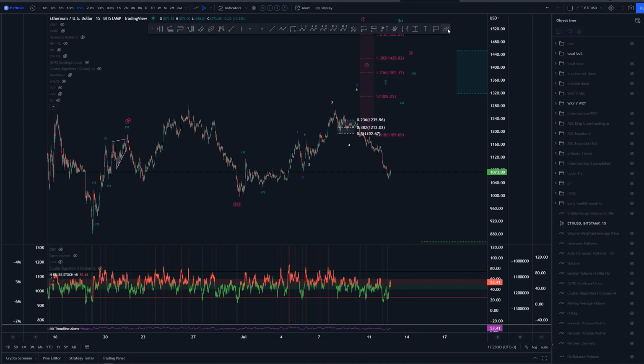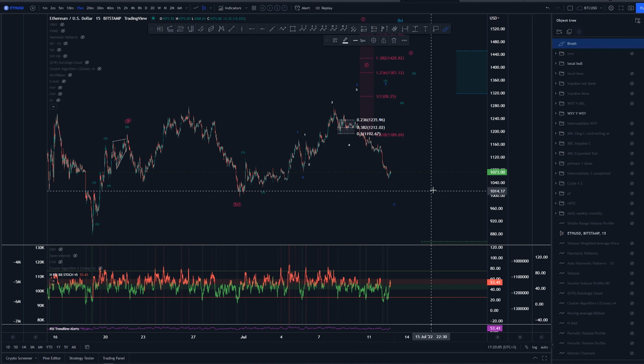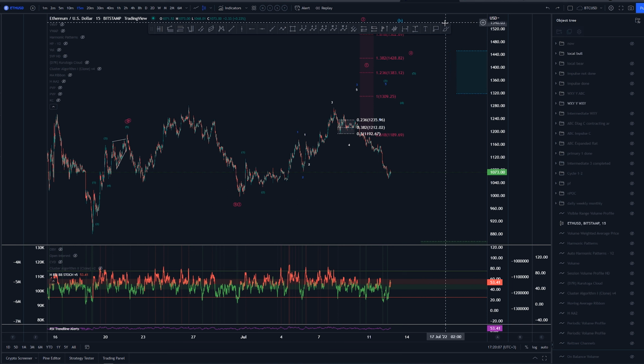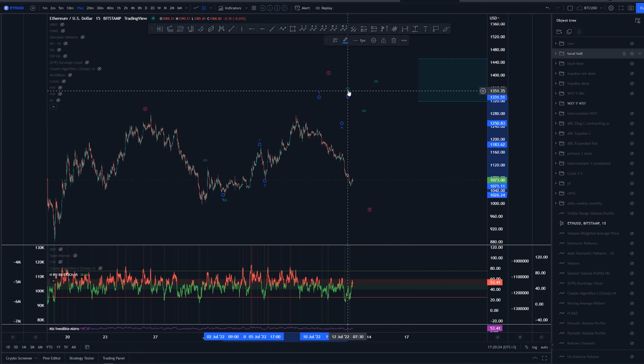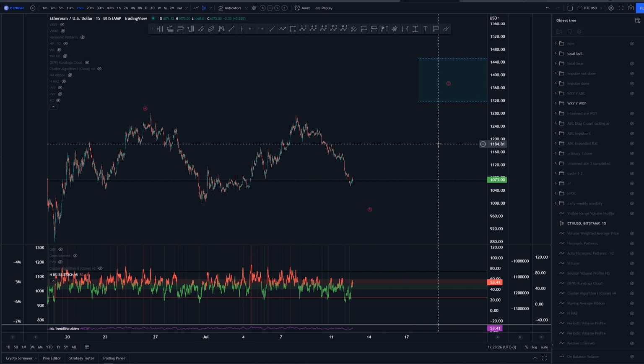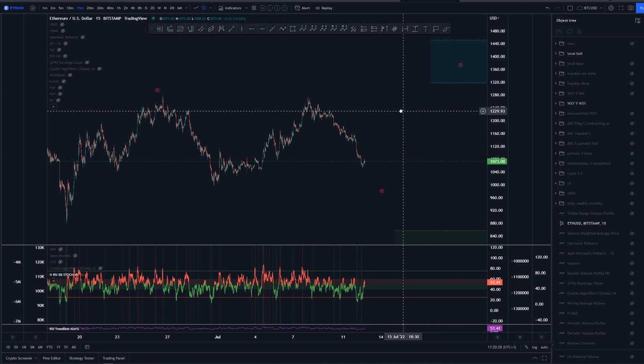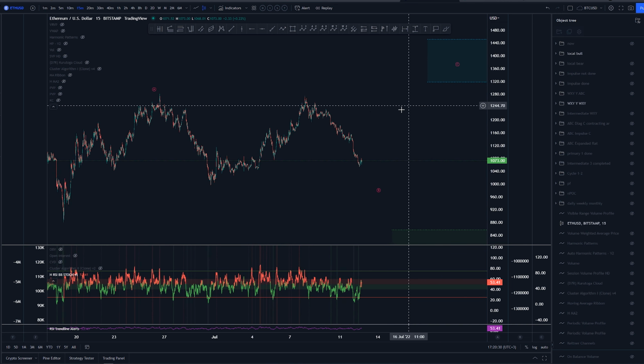If we want to have some kind of bullish count on a short time frame, then we would be looking at something like this as a wave A, and then this would be a whole wave B, and then we would be looking for a C wave. So that would be the next structure if we wanted to look at some kind of local bullish count.